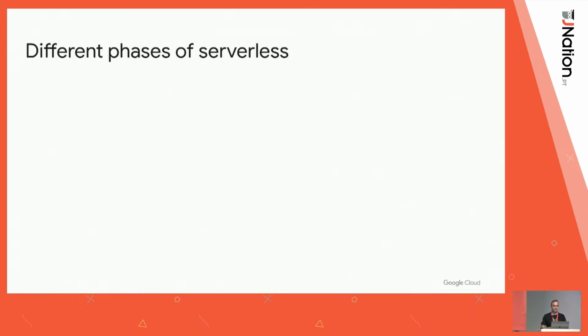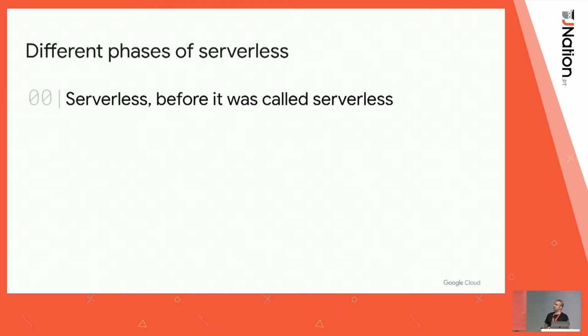Now, when we look at the serverless history, I think there's 4 distinct phases. The first phase was serverless before it was called serverless. Second, simple functions. That's what we mostly think about when we are talking about serverless.